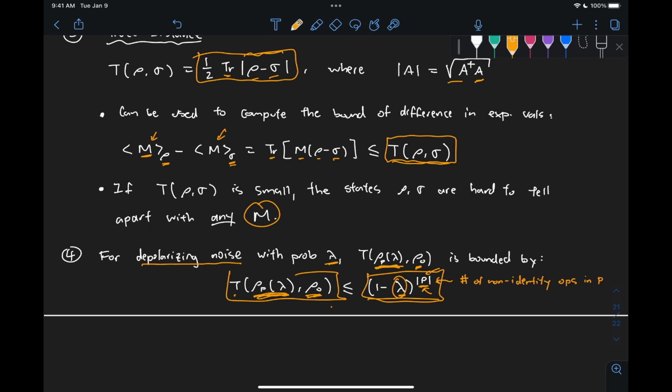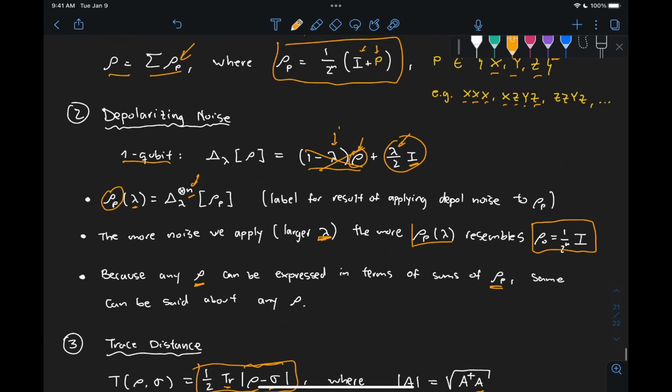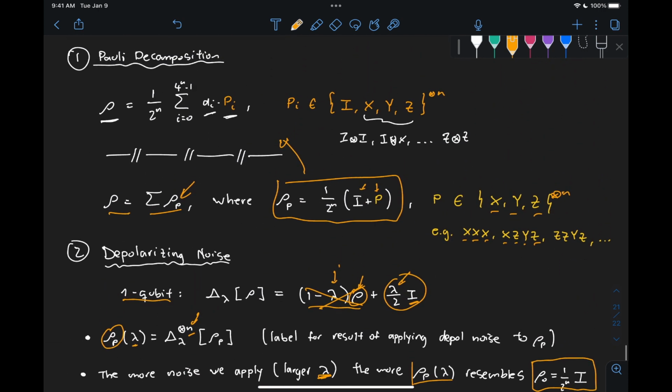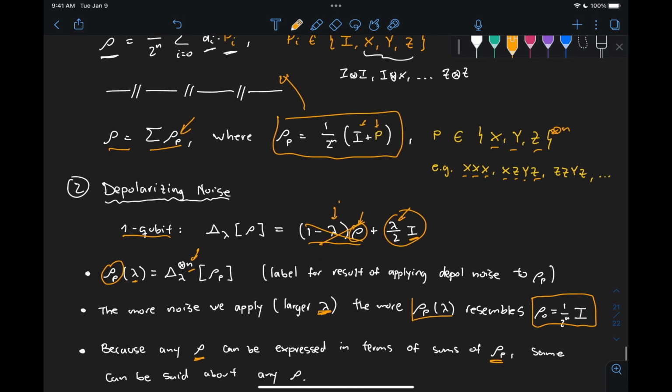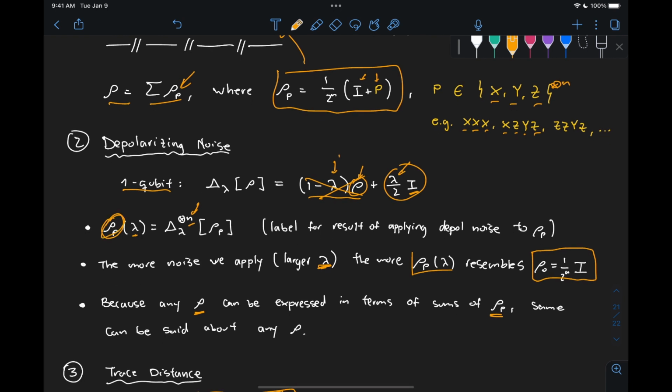So again, to recap, we need to understand that any density matrix can be decomposed in terms of summations of Pauli strings. We can denote the depolarizing noise of one of those Pauli string density matrices in this form right here.